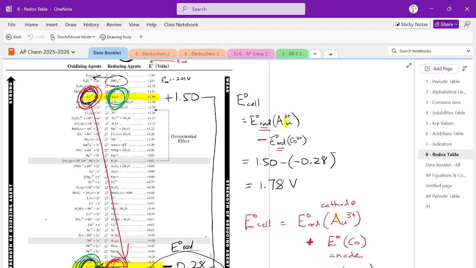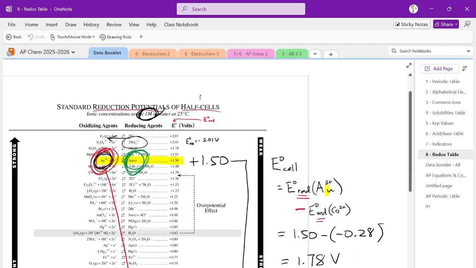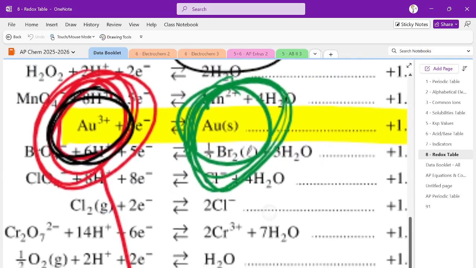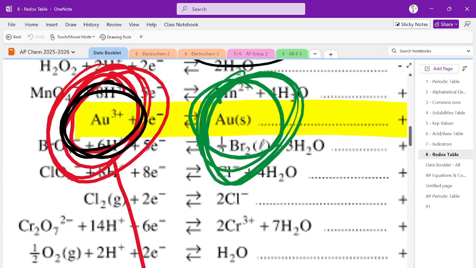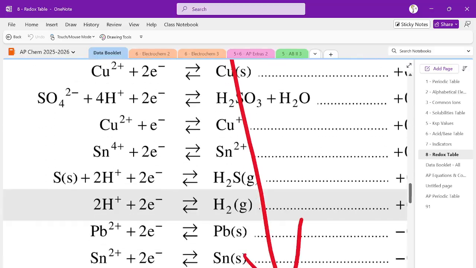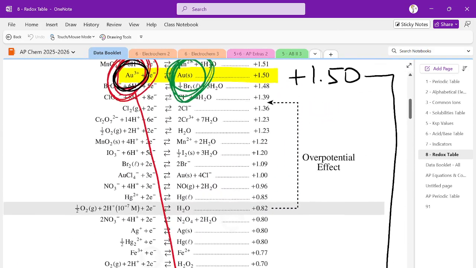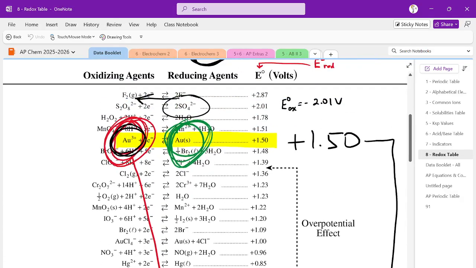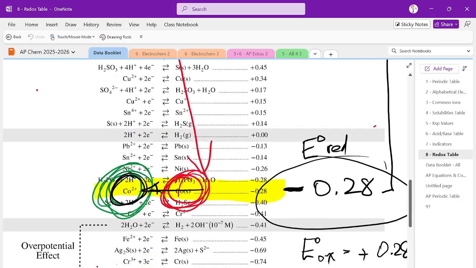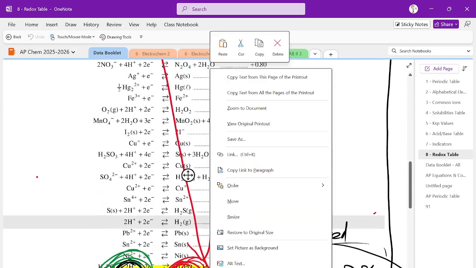You can start with the red circled ones, Au3+ and cobalt, or the green circled ones, Au solid and cobalt.